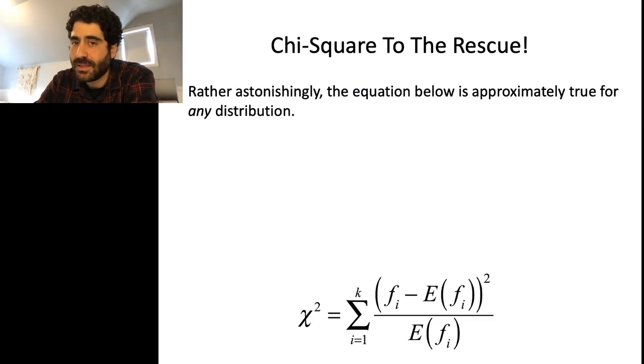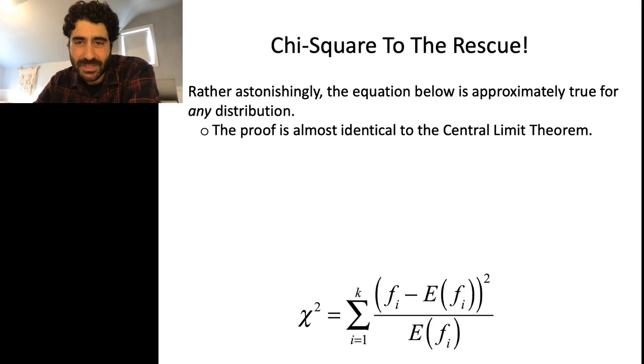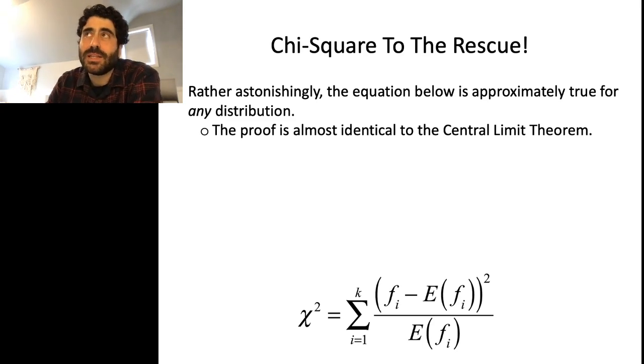One thing that's really nice about this is that this equation works for just about any distribution over our outcomes. It's kind of related to the central limit theorem: no matter what the actual underlying probability distribution is across the outcomes, this chi-squared statistic will have a proper chi-squared distribution.